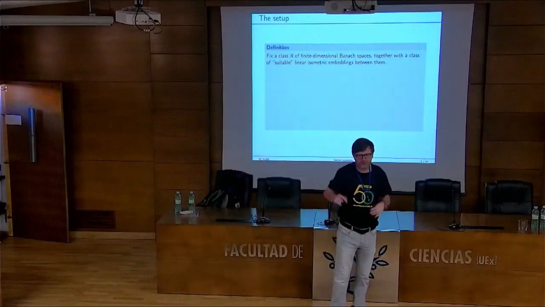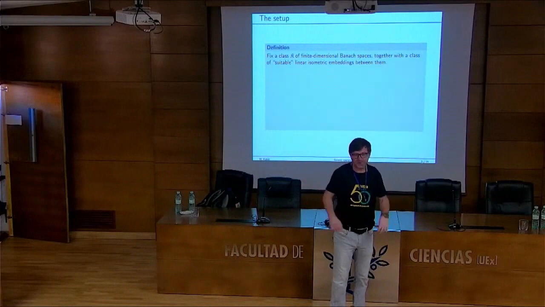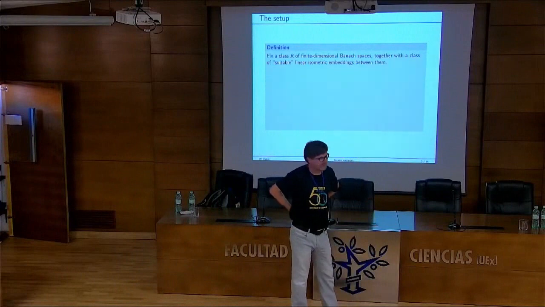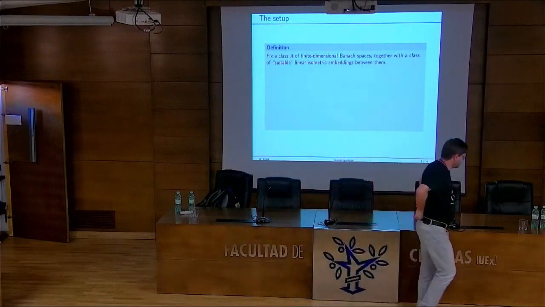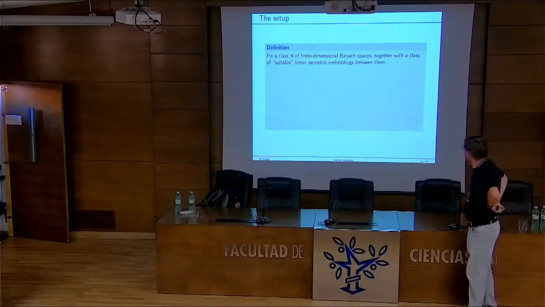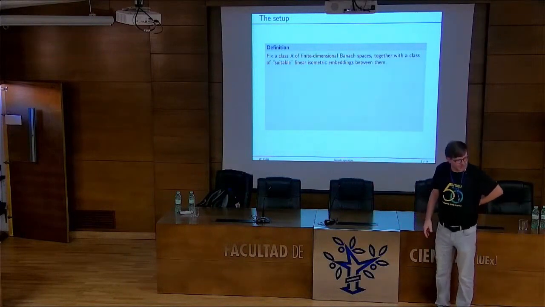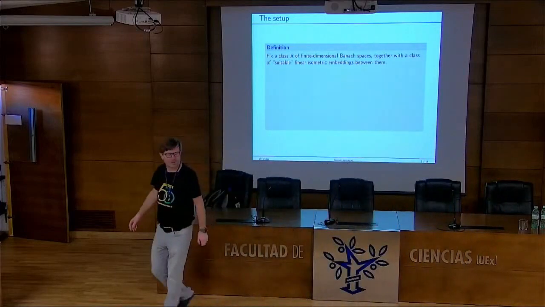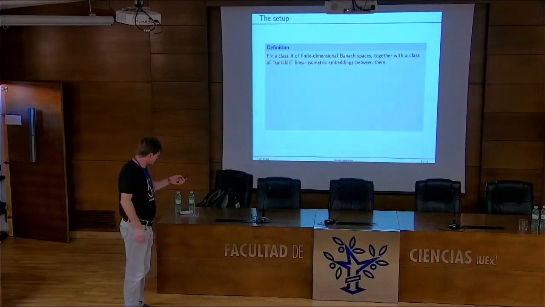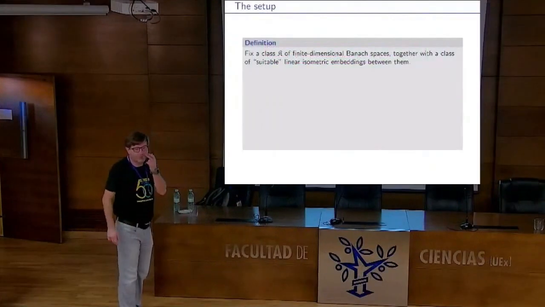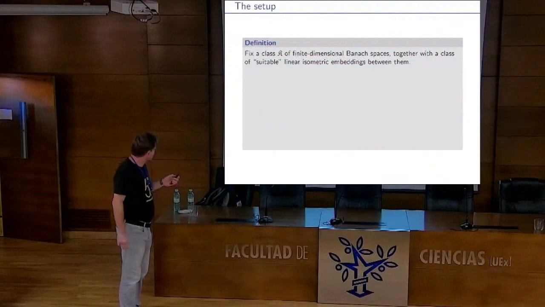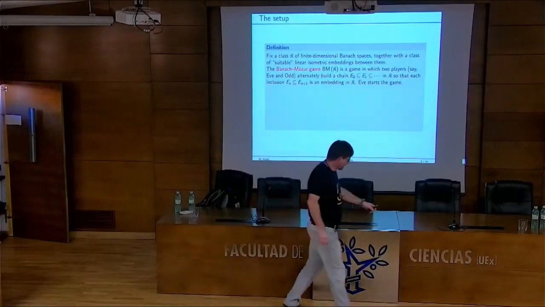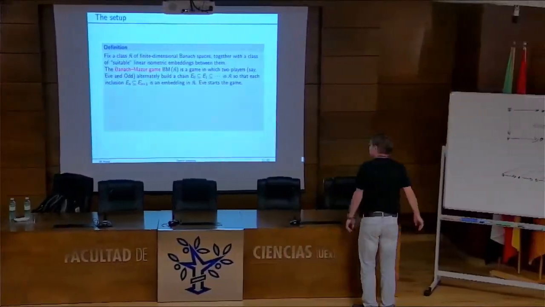So we can, for instance, take your favorite finite dimensional spaces, maybe Euclidean ones, or maybe finite dimensional L1, etc. And either you allow all embeddings between them, or maybe only some embeddings. Well, category theory can accommodate everything, so no problem. Now, I wanted to define the notion of being generic.